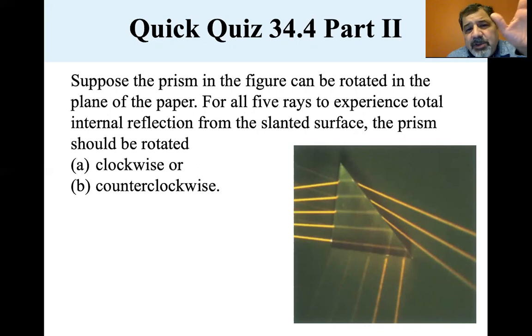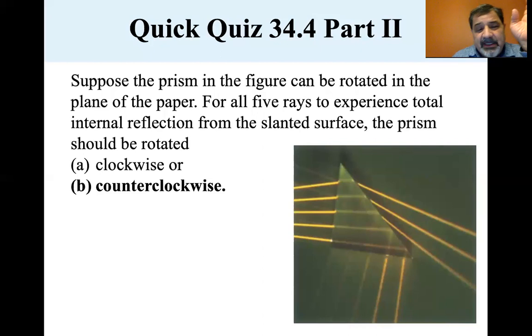Now, suppose the prism in the figure can be rotated in the plane of the paper. For all 5 rays to experience total internal reflection from the slanted surface, should the prism be rotated clockwise or counterclockwise? Well, it might be counterintuitive, but it's counterclockwise.